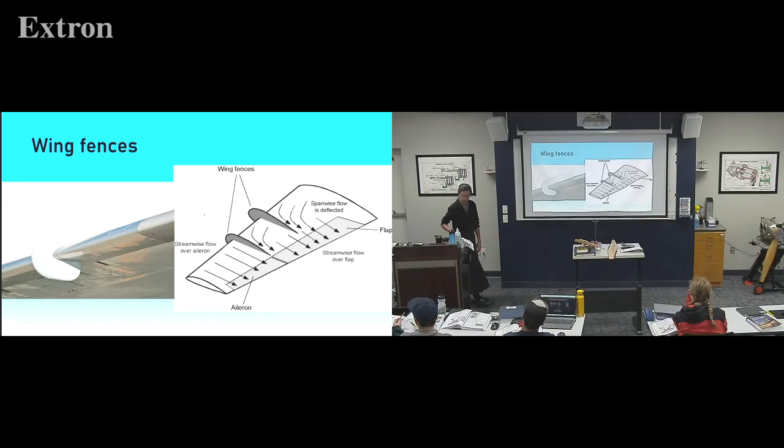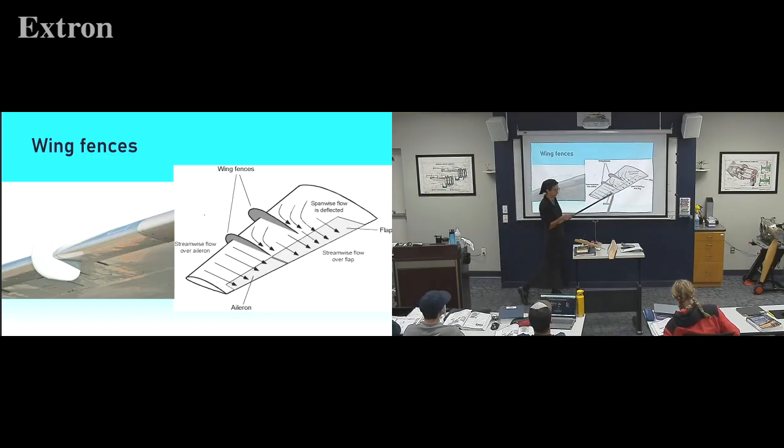So the purpose of a wing fence is to obstruct span-wise airflow to help this area of the wing to stall first.